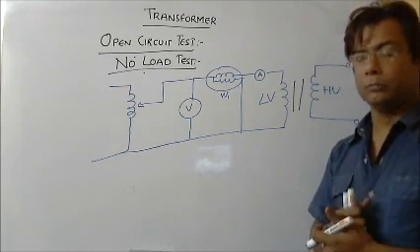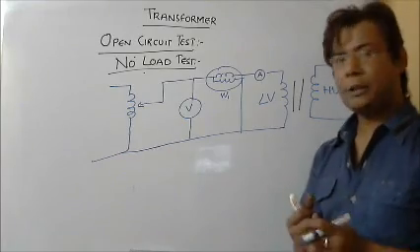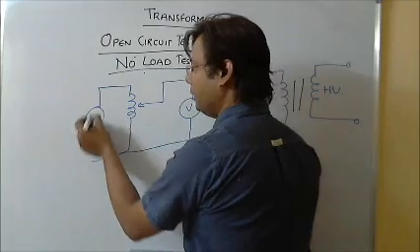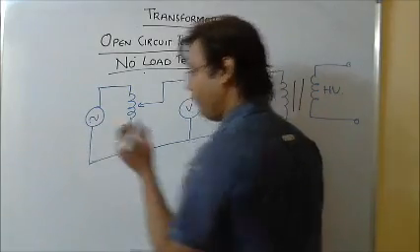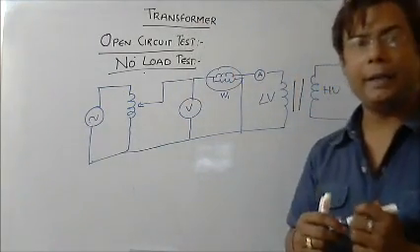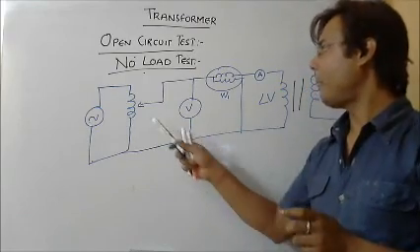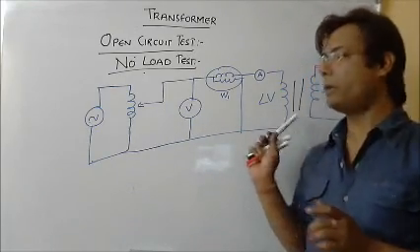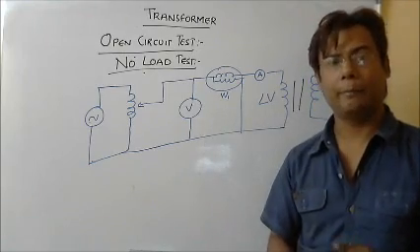Now, as soon as this auto transformer is connected to the supply, our rated voltage is given, and this rated voltage of the transformer is recorded by this voltmeter.